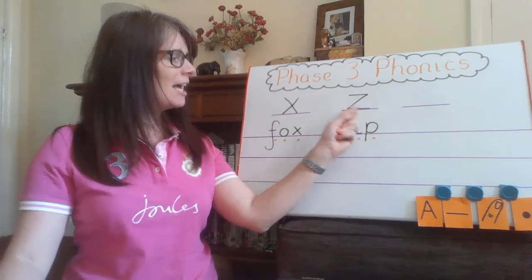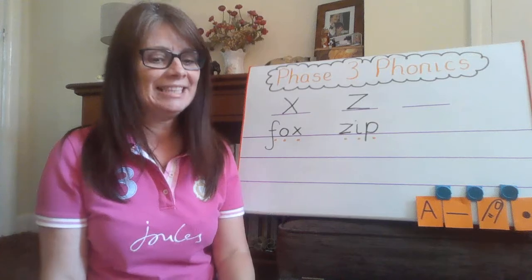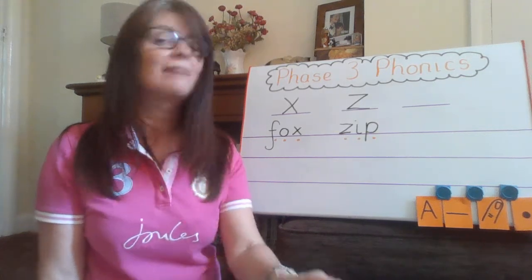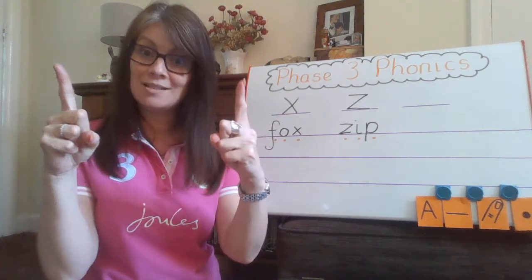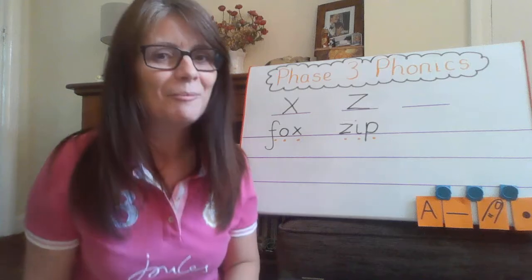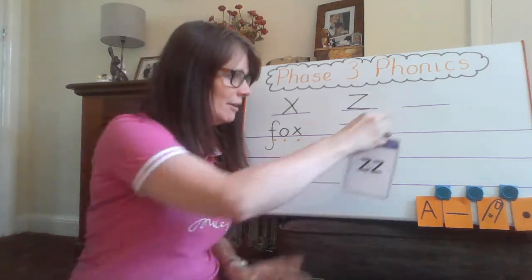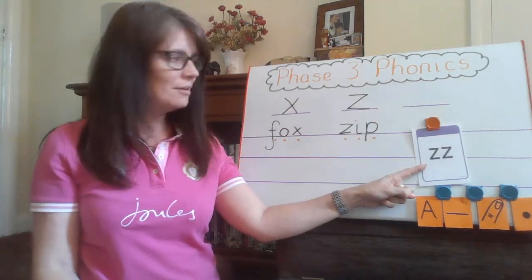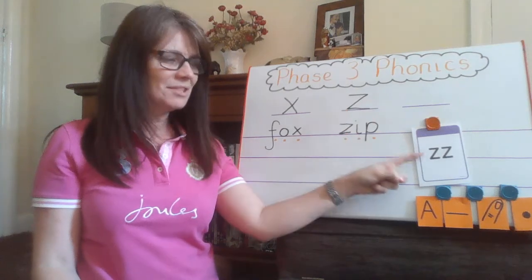Zip. I've got another line here. I wonder which sound I'm going to do next. Oh, this is a bit trickier because this is a digraph. A digraph is two letters that make one sound. And we're cheating a bit today because today's digraph has the same sound as Z. Zzz.